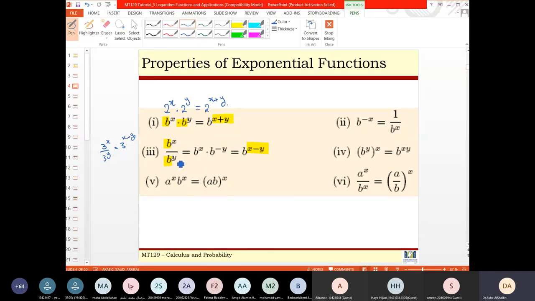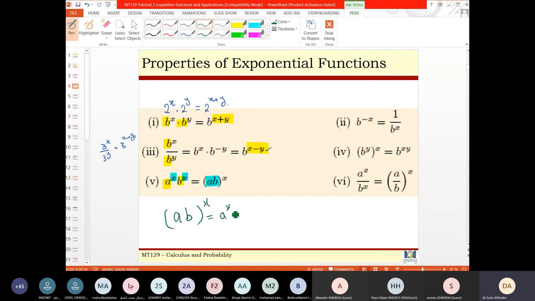So the base the same, the power different, we subtract the power. Now we have different base, same power. The base is different, A once and B once, but the power is the same. The power is X once, X again. We can combine them together, AB to the power X. This means that I can distribute the power over the multiplication, right? So when I have AB to the power X, I can look at it from the other side.